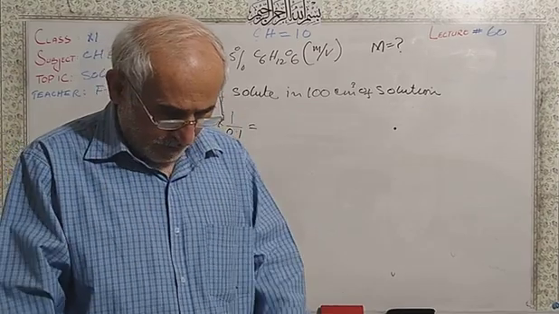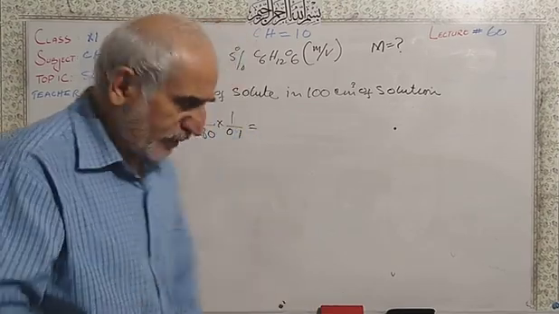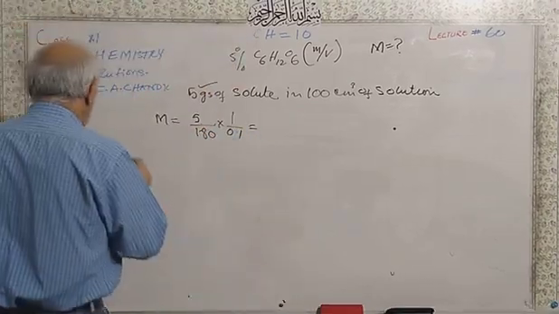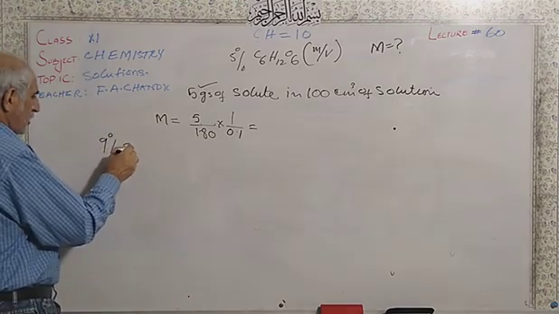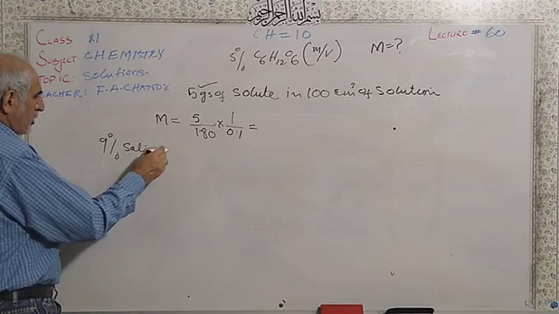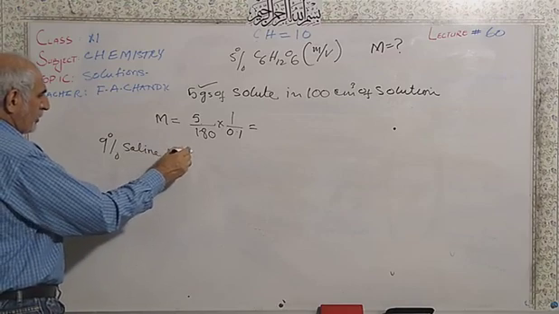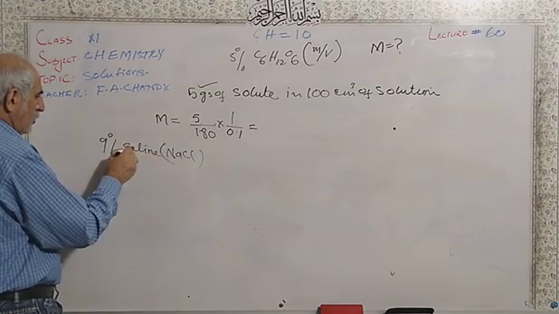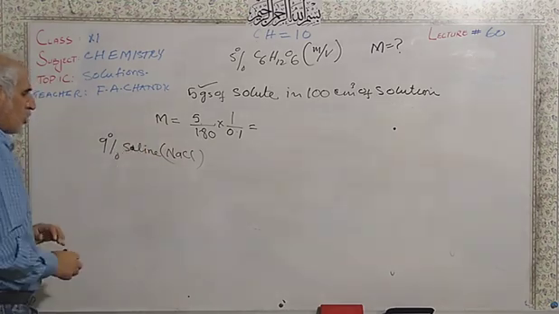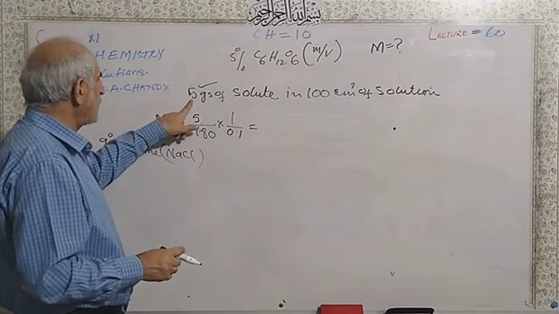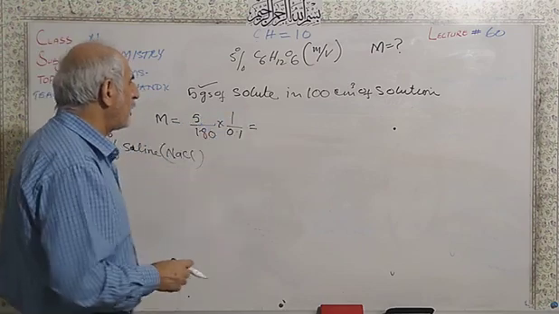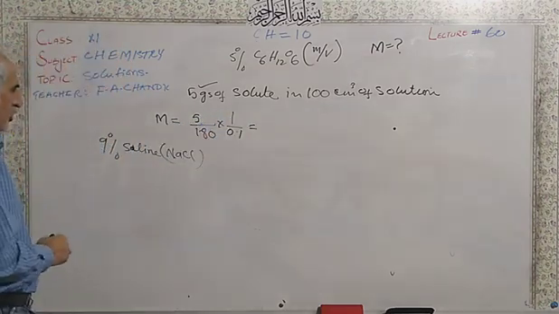Second one is 9% saline solution, sodium chloride. Sodium chloride, 9%. So same, 9 grams of the solute dissolved in 100 centimeter cube of solution.